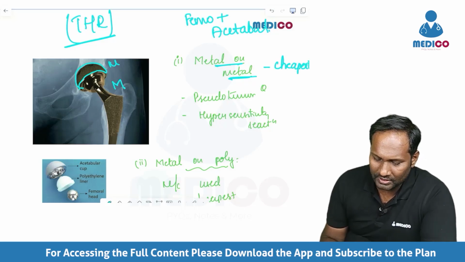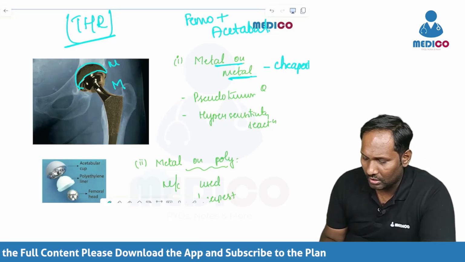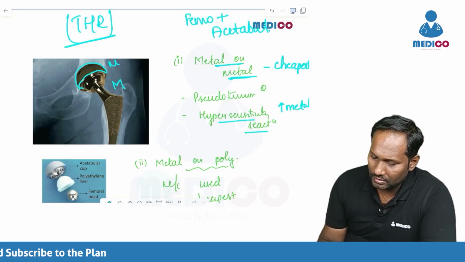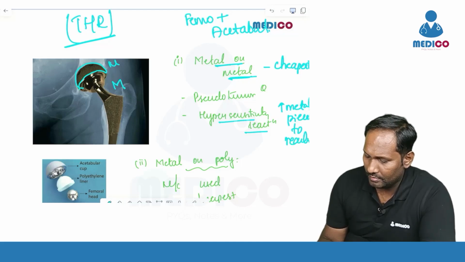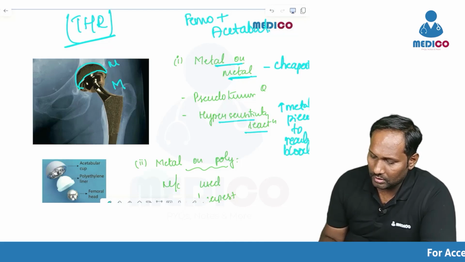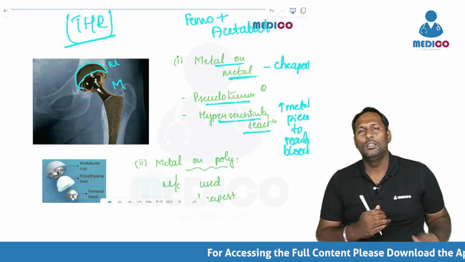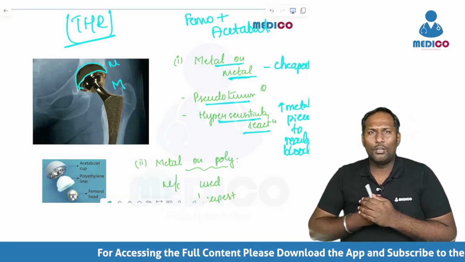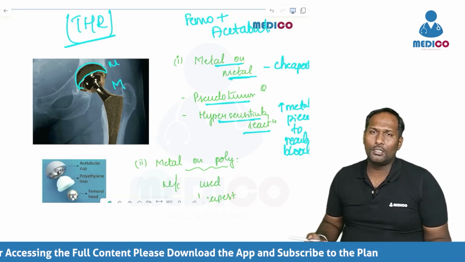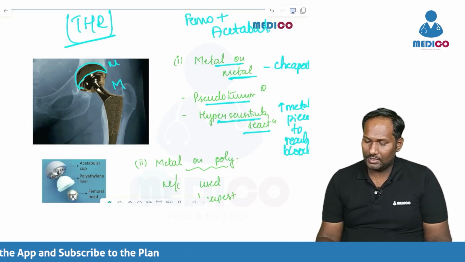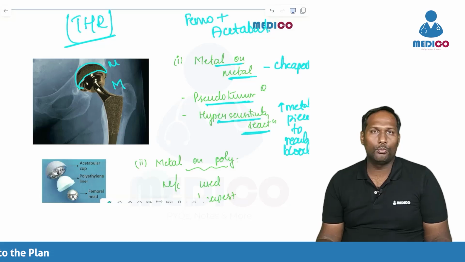But the problem is, metal on metal will cause a large amount of metal pieces to reach the blood and more chance of hypersensitivity reaction and pseudotumor formation. With metal moving on metal, microparticles and large amounts of metal ions can come into the bloodstream, leading to hypersensitivity reaction and pseudotumor.